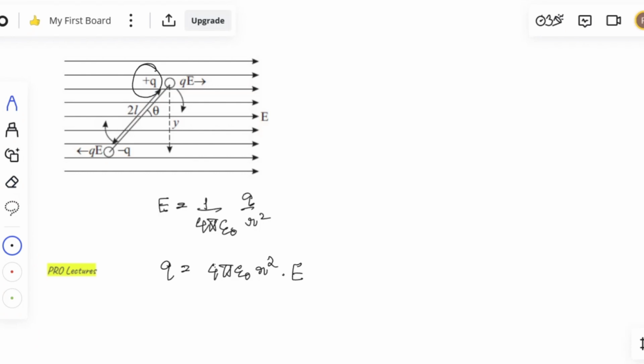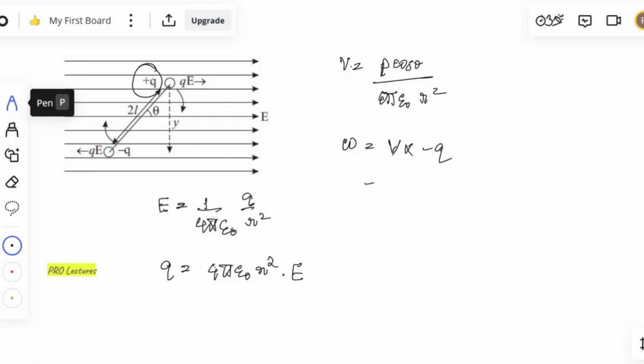The potential due to a dipole: we know that the potential due to a dipole is V is equal to P cos theta by 4 pi epsilon naught R square. The work done by this system can be written as V into the negative charge, which can be written as cos theta by 4 pi epsilon naught R square. We'll take this negative here, the Q.